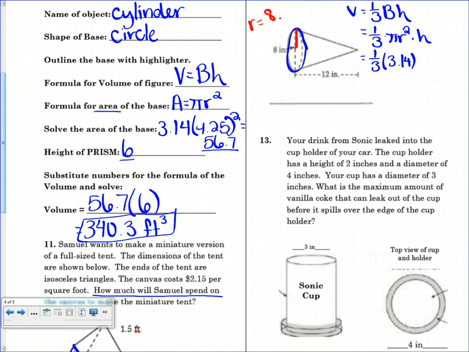So I'm going to do 8 divided by 2, which is 4. And the height is 12. Make sure on your test tomorrow you're using the fraction 1/3. Do not type in 0.33 or you'll be counted wrong. You need to use the 1/3 fraction. Multiply that together, you get 200.96 inches cubed.